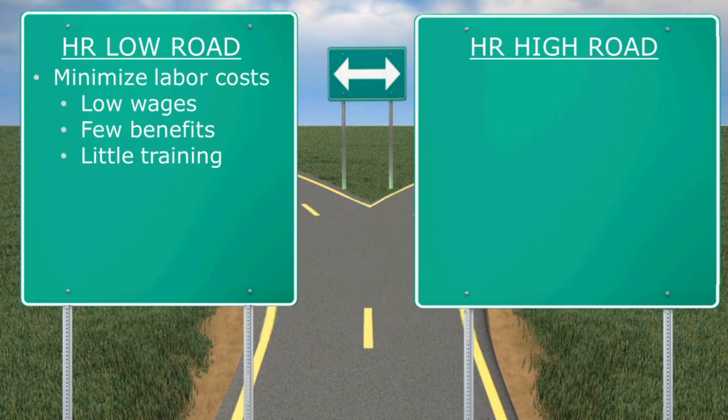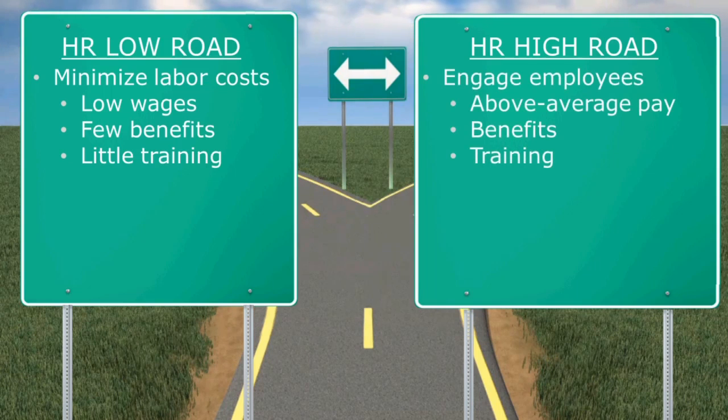Keeping wages low, offering as few benefits as possible, providing minimal amounts of training, and the like. In comparison, the high road strategy seeks to engage employees, which is typically pursued through above average pay, maybe performance-based, providing more generous benefits packages, providing training opportunities, and other types of things which will engage employees.